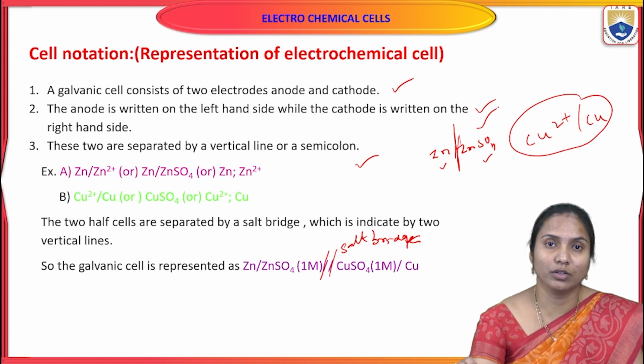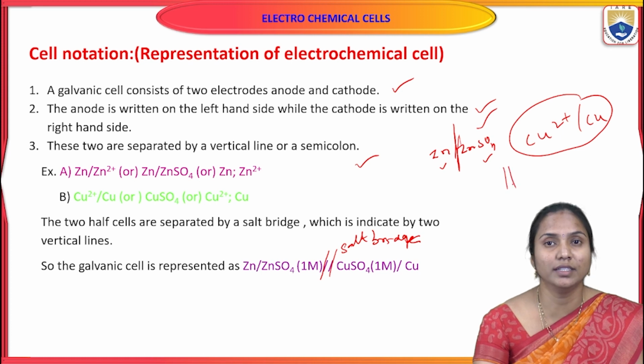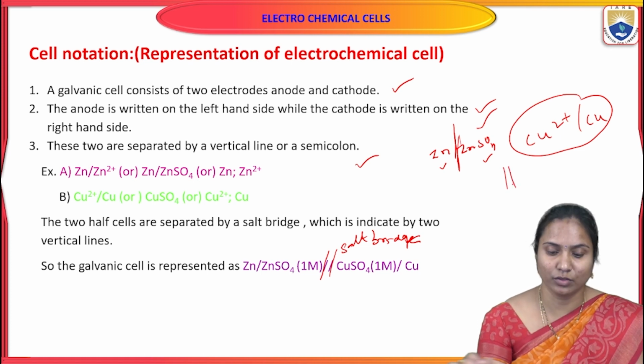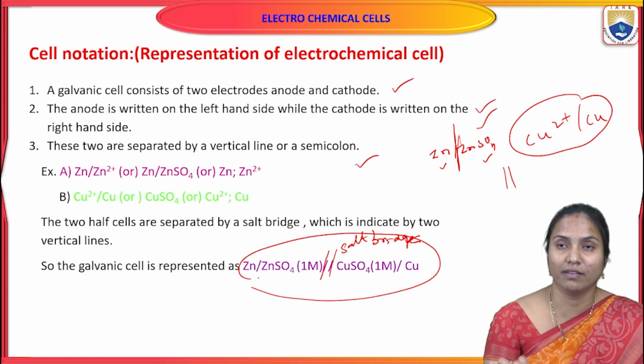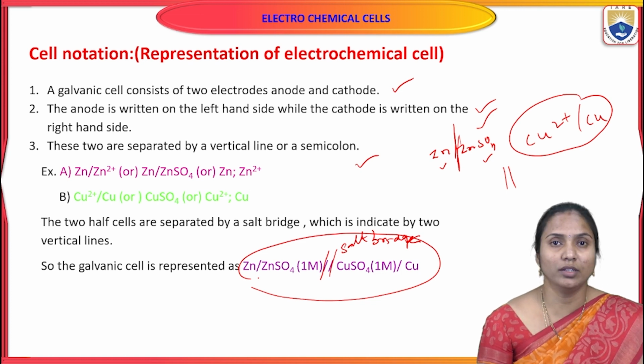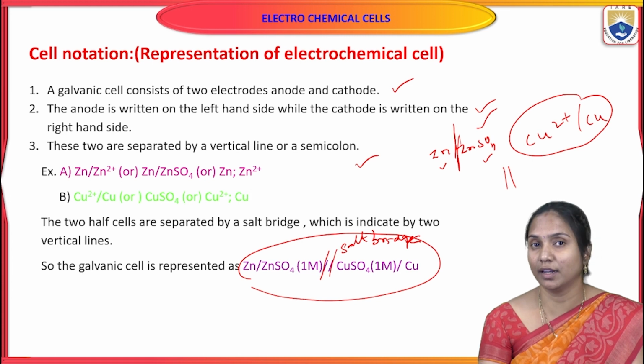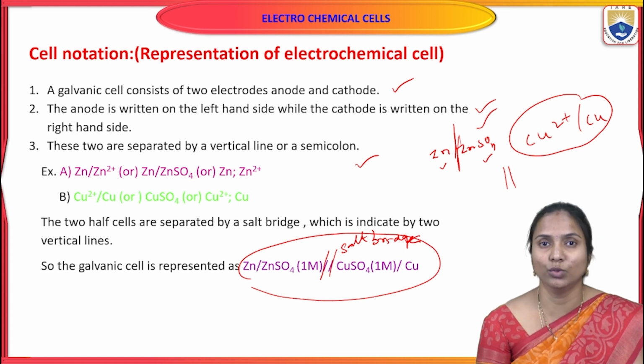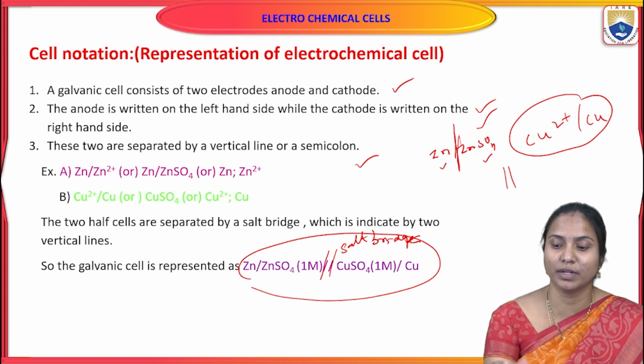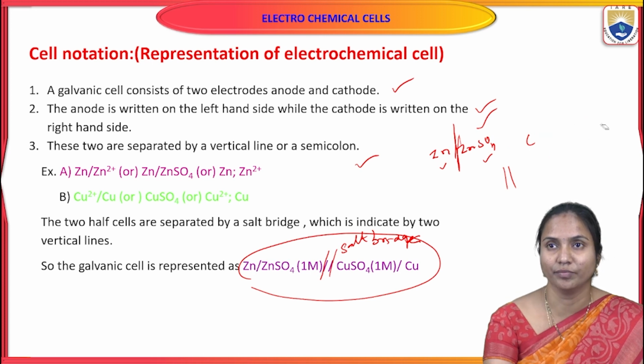And the oxidation half cell and reduction half cell are separated by two vertical lines, which indicate the salt bridge. So what is the use of the salt bridge? We just discussed that it maintains electrical neutrality between the two half cells. This is a representation of a galvanic cell.